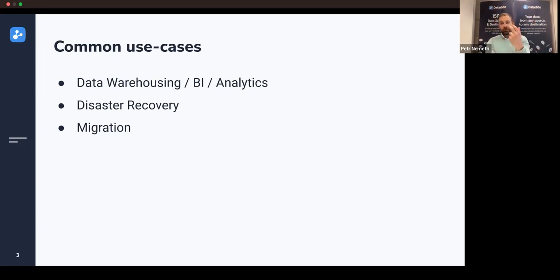So in order to maintain the stability of the production system on the one side, and to have the capability of analyzing this data on the other side, you need to do some sort of database replication.